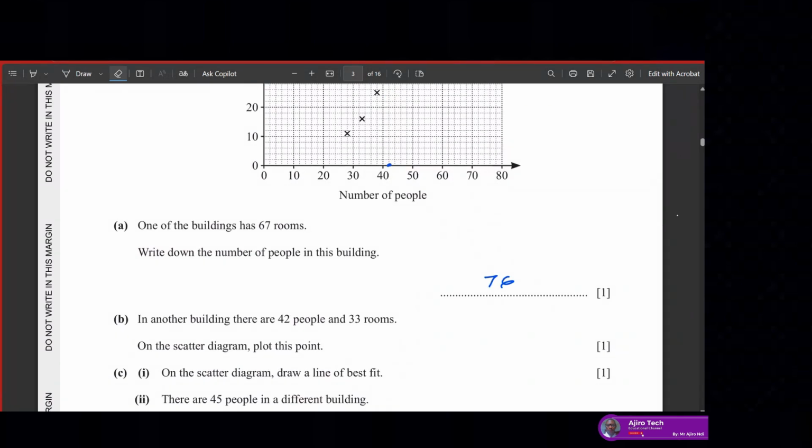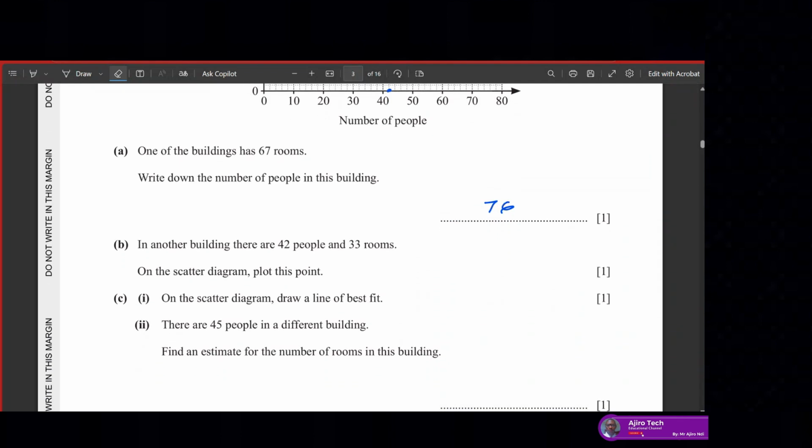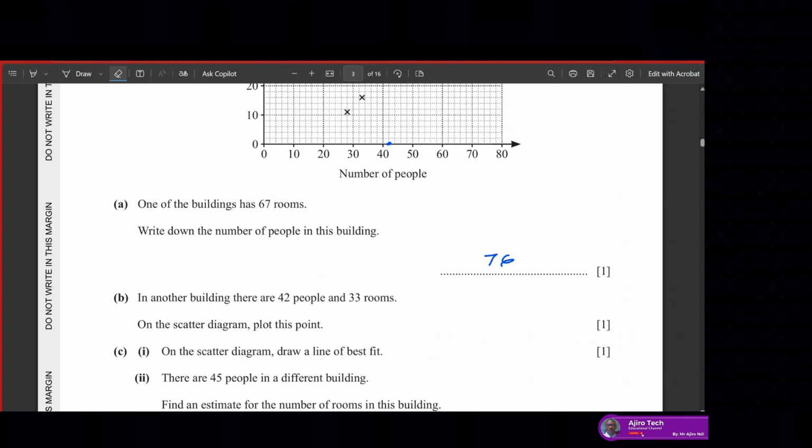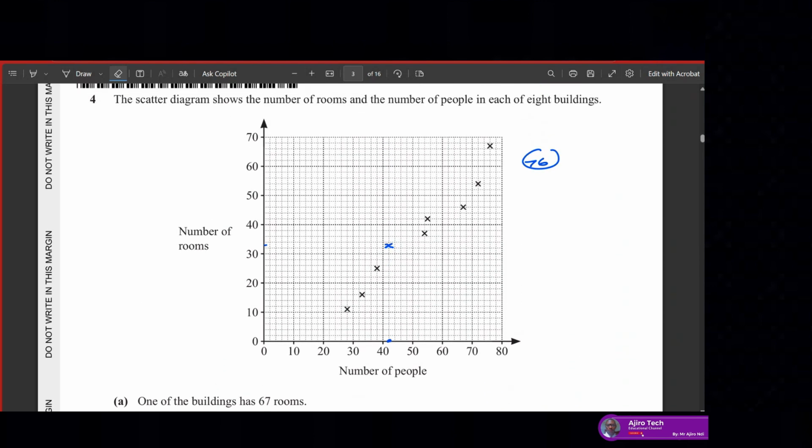Another one mark in the bag. So it says on the scattered diagram, draw a line of best fit. Now, how do you draw a line of best fit? A line of best fit is a straight line, and it is drawn so that it is passing between these plotted points.